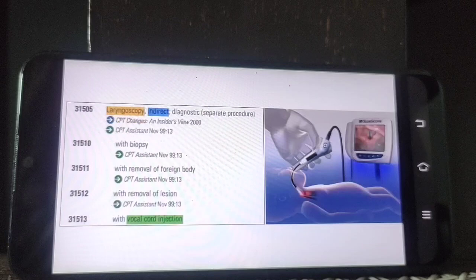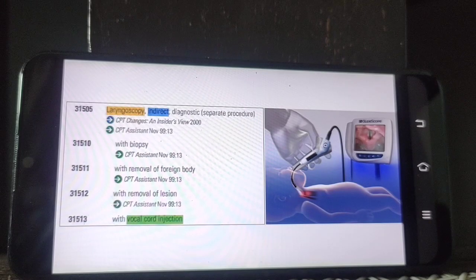Then laryngoscopy. So the name of the scopy is laryngoscopy. That means that scoping is used to view the larynx. Nasal endoscopy: the scopy is used to view the nasal passage. Laryngoscopy means the scopy is used to view the larynx.